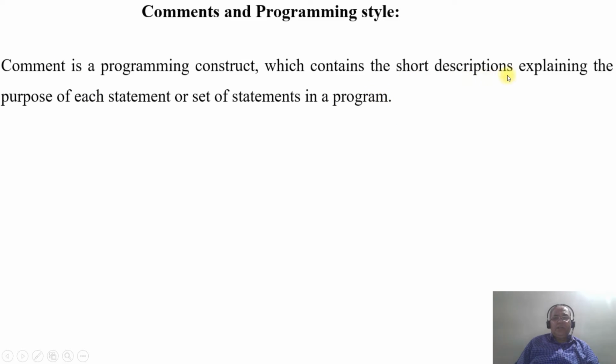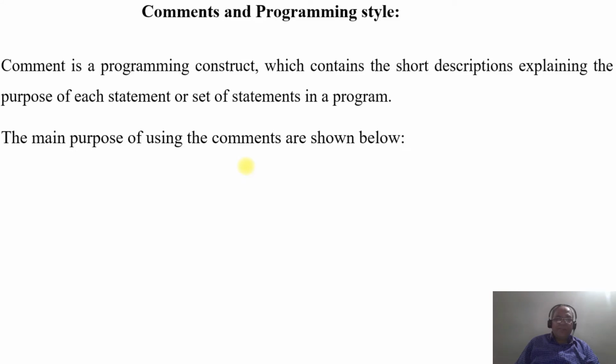Whenever you write a line, you can add a comment to say why you wrote it, so that if another programmer goes through the program, he should be able to understand for what reason you wrote that particular line. That is the main benefit of using comments.